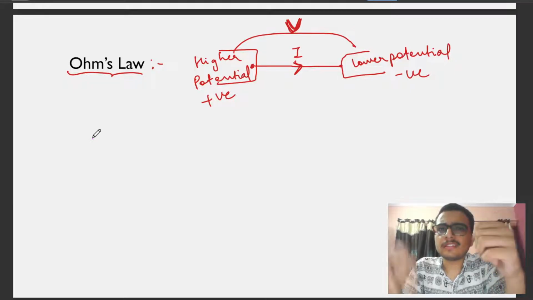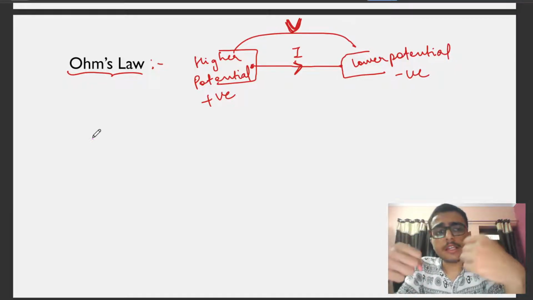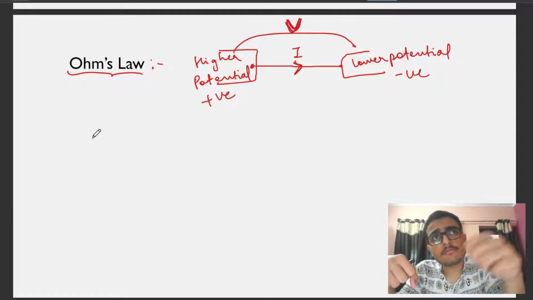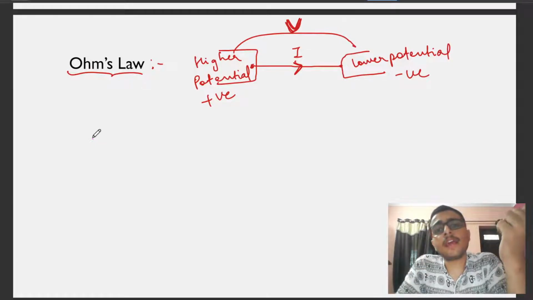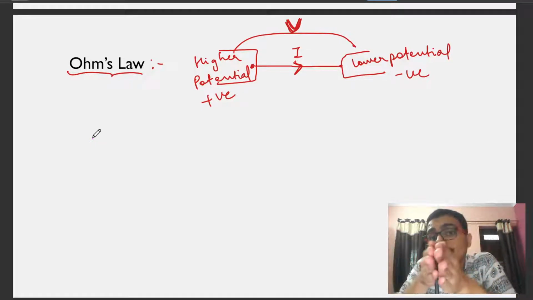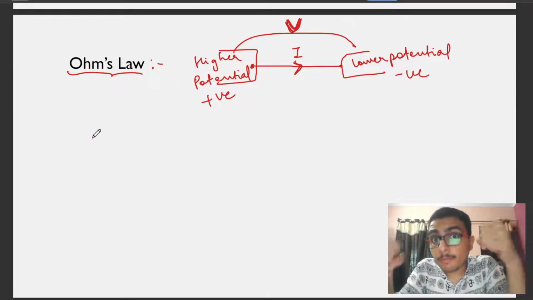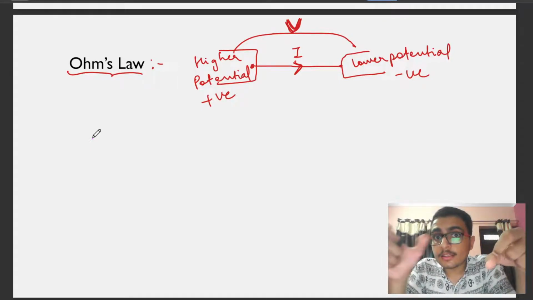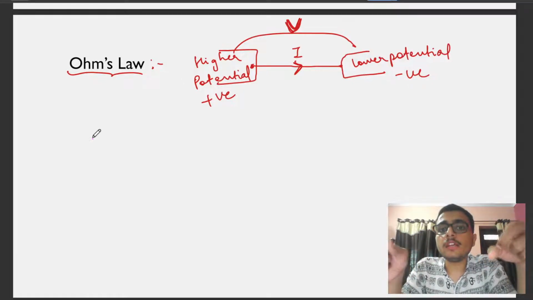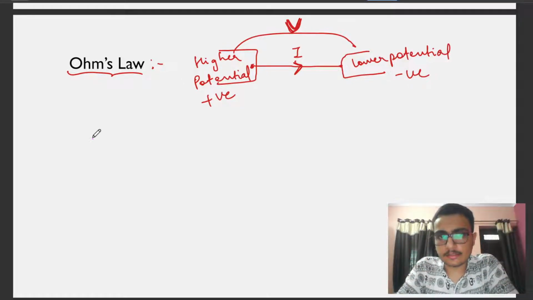But when I say this has 150 rupees and this is only 5 rupees, I have increased the difference. So when I increase the difference between their potentials, the difference increases.